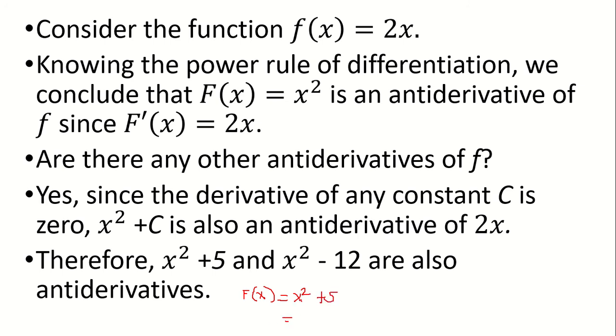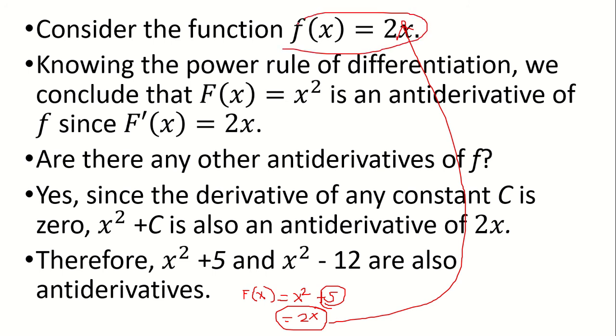So, the derivative of x squared is 2x. And the derivative of 5 is, of course, 0. So, the derivative of capital F of x is equal to x squared plus 5 is still 2x, which is equivalent to the original function f of x is equal to 2x.